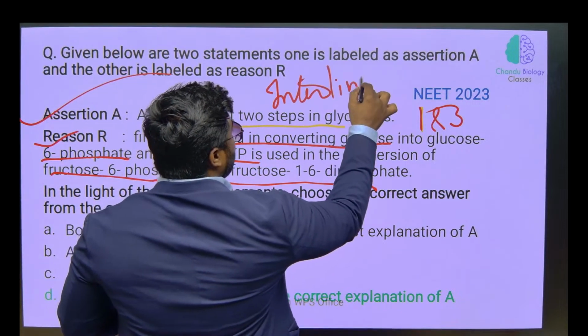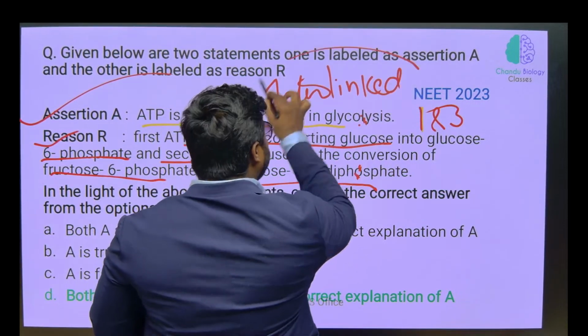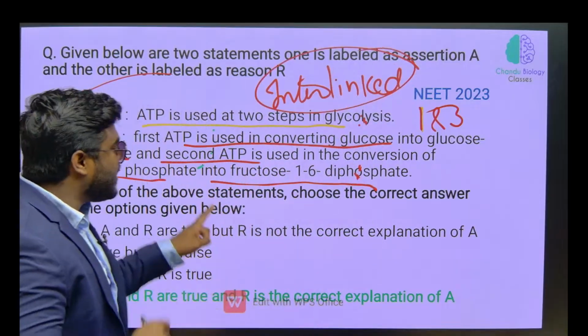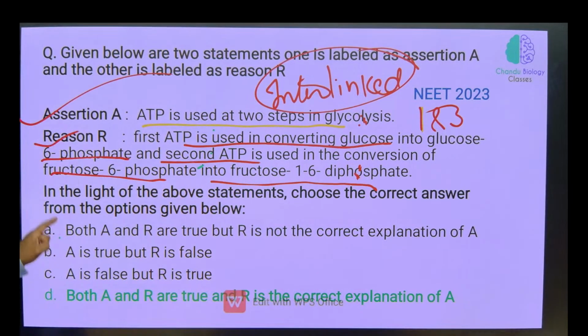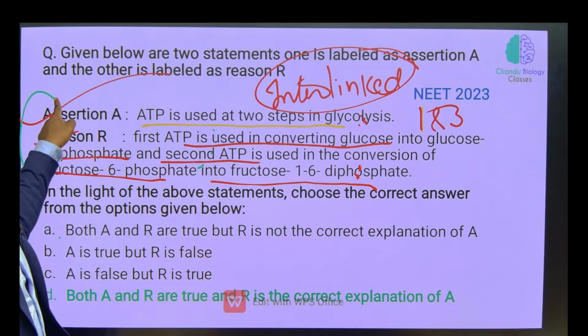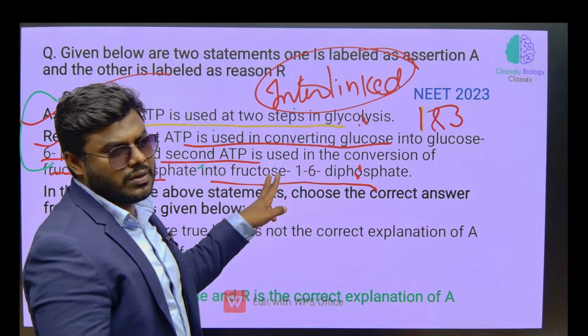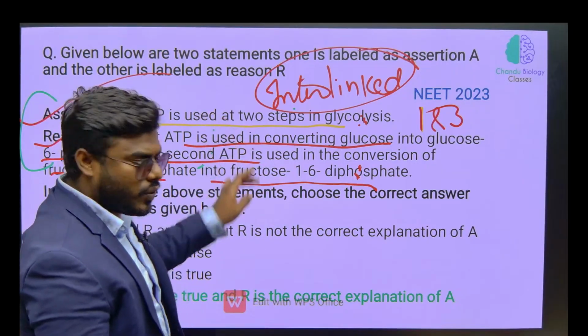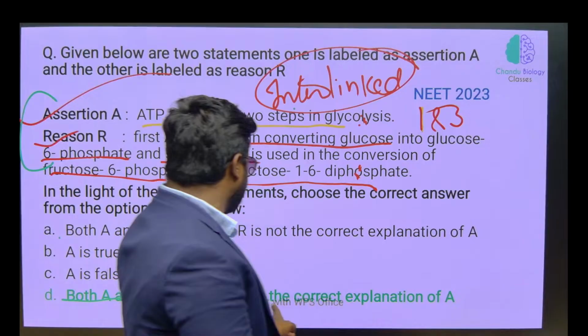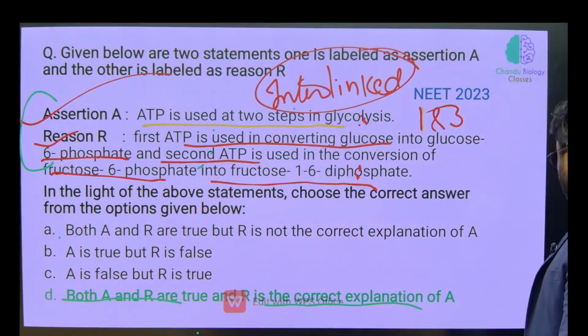When you get an idea that both are interlinked, that is the hint to understand that the reason is the correct explanation for the assertion. When they are not interlinked, you have to disconnect both, as they are completely irrelevant. So both A and R are true, and R is the correct explanation for A.